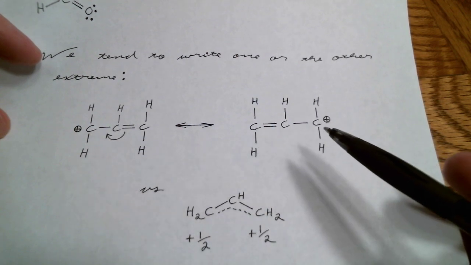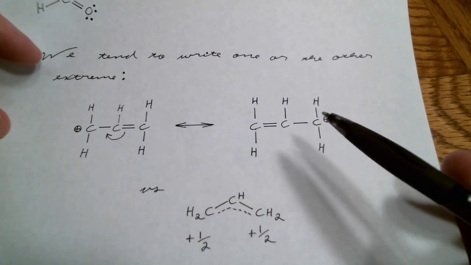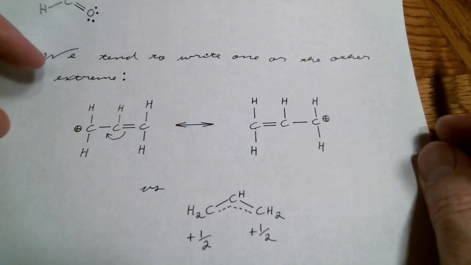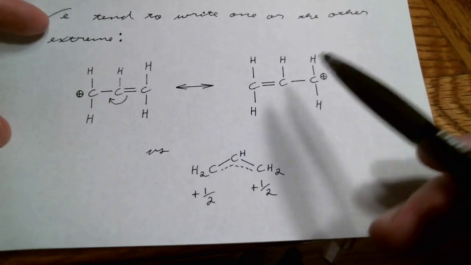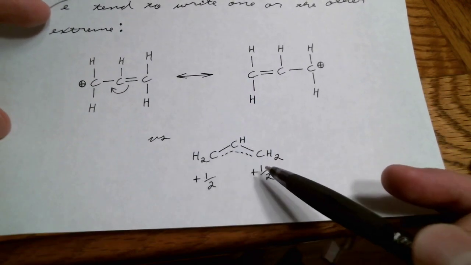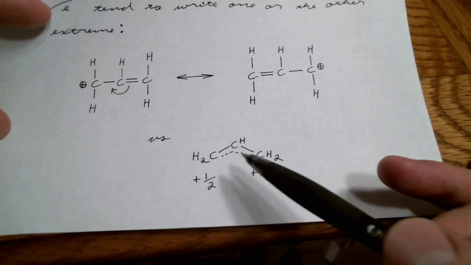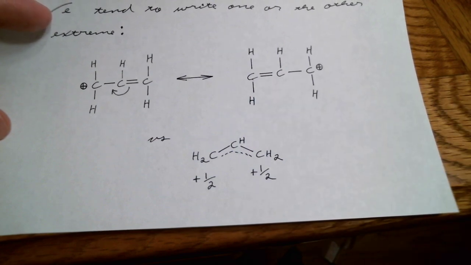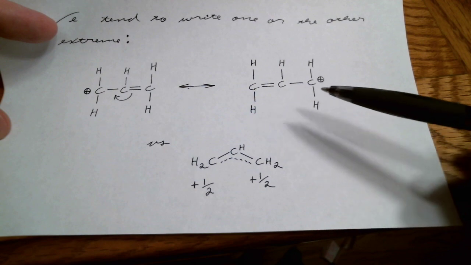If we do that, then the rightmost carbon has only 3 things, and we've got to assign the formal positive to the rightmost carbon. And so, again, we could think of a resonance hybrid where each of the terminal carbons has a positive half character, although, like I said, we tend to write one or the other extreme.